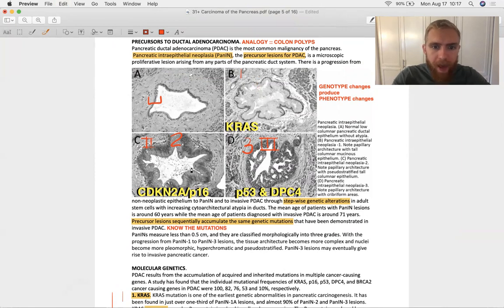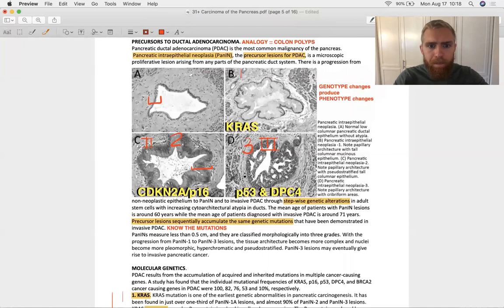Then we are looking at a Panin-2 and we're starting to see this columnar transition. And let me tell you, your pancreatic ducts normally should have cuboidal epithelium, and the second you start to see columnar, that shouldn't be there. They should be squares, not big, tall rectangles, not skyscrapers. So you see that, a little bit of metaplasia, dysplasia transition going on there.